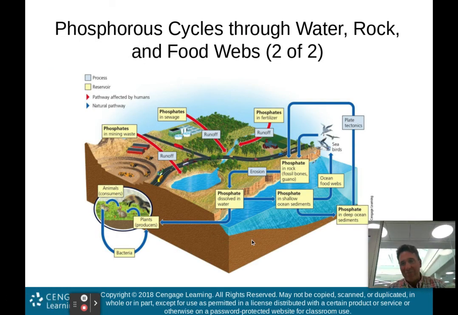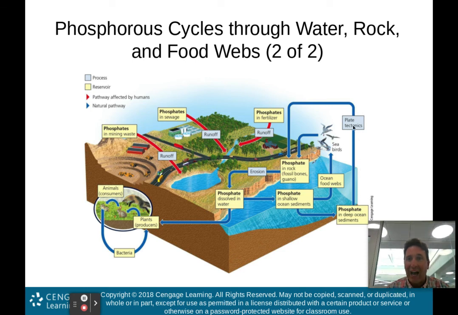All right. So once again, you have a picture here. Once again, I would have a general idea of what's going on here. You'll notice phosphate dissolved in water. Some plant producers will use that phosphate along with bacteria and animal consumers. Some of that phosphate in shallow ocean sediments goes into the ocean food webs.